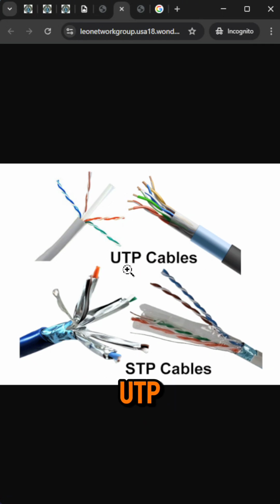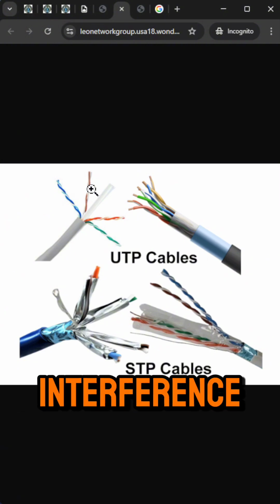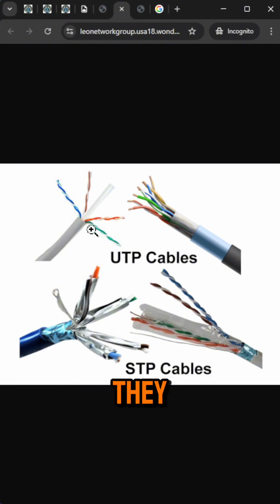UTP is unshielded twisted pair. What it means is it doesn't have any shielding. These are just twisted to basically avoid electromagnetic interference. That's why they're twisted. So UTP means unshielded, not shielded but just twisted.